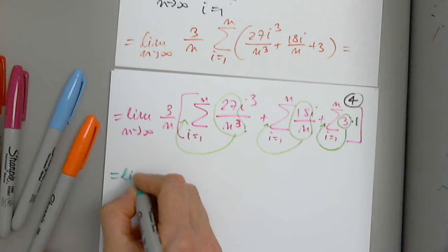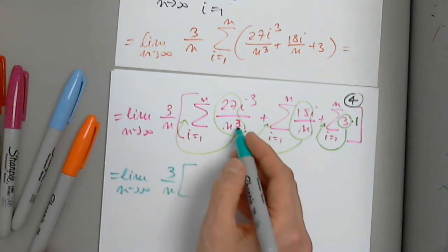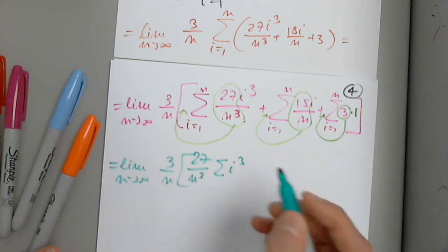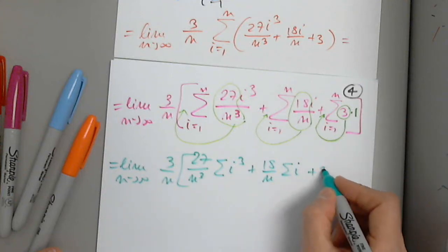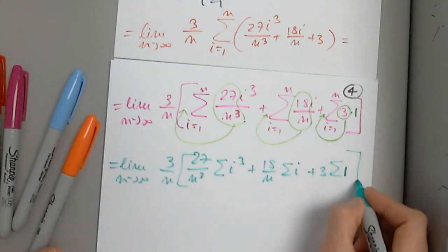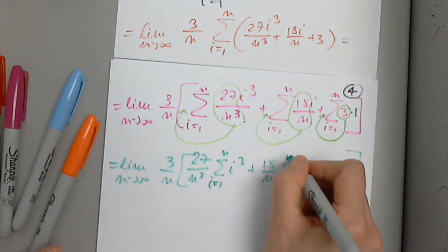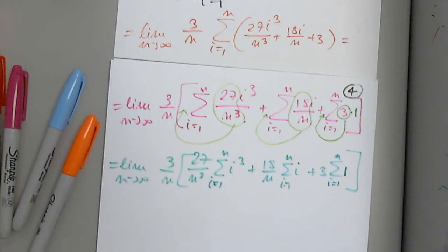So then I have the limit as n approaches infinity of 3 over n, and I'm writing it again with 27 over n cubed in front, the sum of i cubed, plus 18 over n, the sum of i, plus 3, the sum of 1, of course each from i equals 1 through n. At this point, we have to remember those 4 formulas.